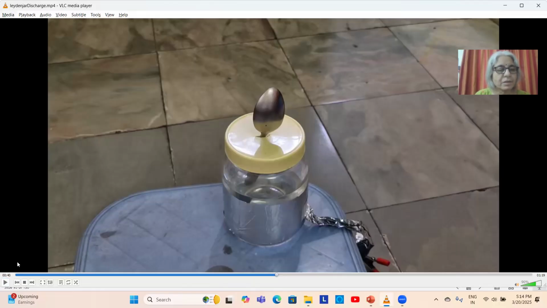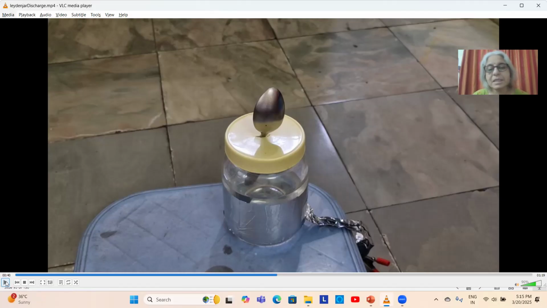After charging around 20 times, now I want to discharge the Leyden jar. So I'm going to touch the outer cup, which is the aluminum foil, and the inner cup, which is the spoon, is connected to the water. So the water is holding the negative charge in this case, and the positive charge is on the inside of the aluminum foil.